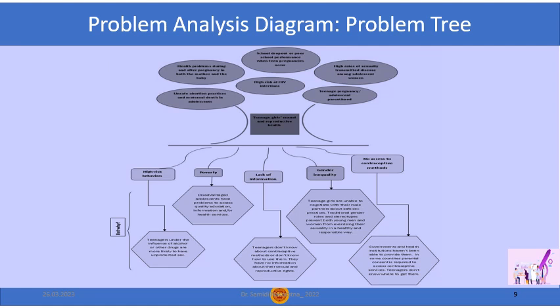Now the root causes are the high-risk behaviors, poverty, lack of information, gender inequality, and lack of access to contraceptive methods. And you can even give more causes like this. And then the consequences are given in these circles, inside the circles.